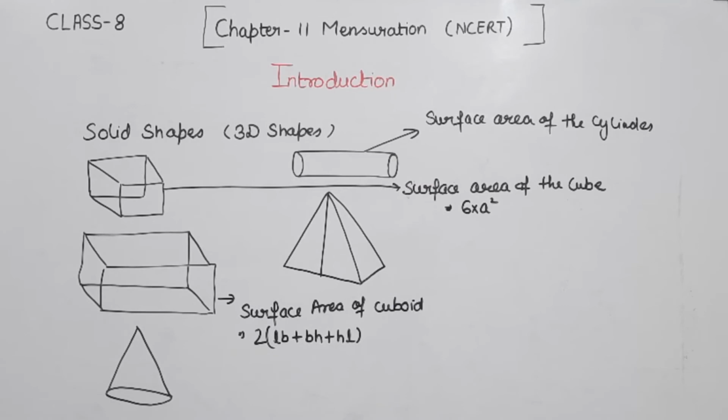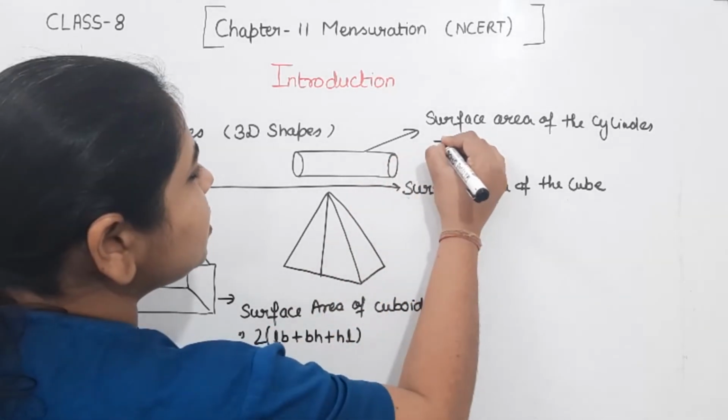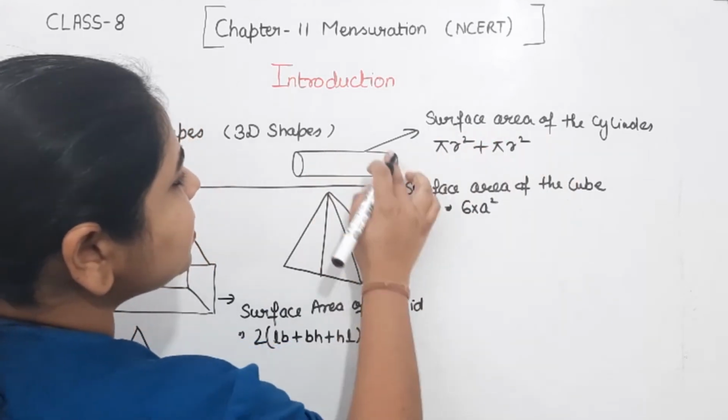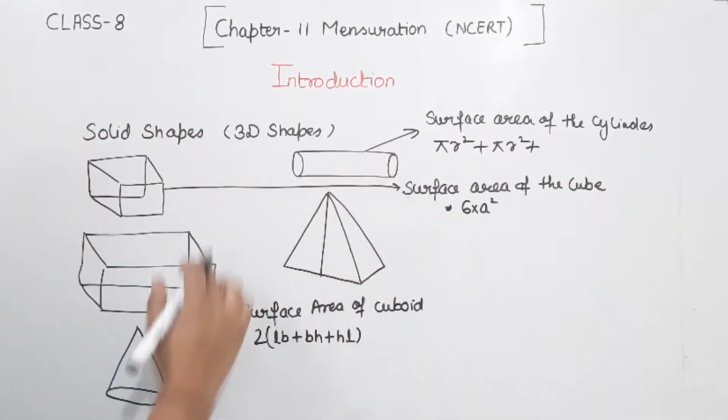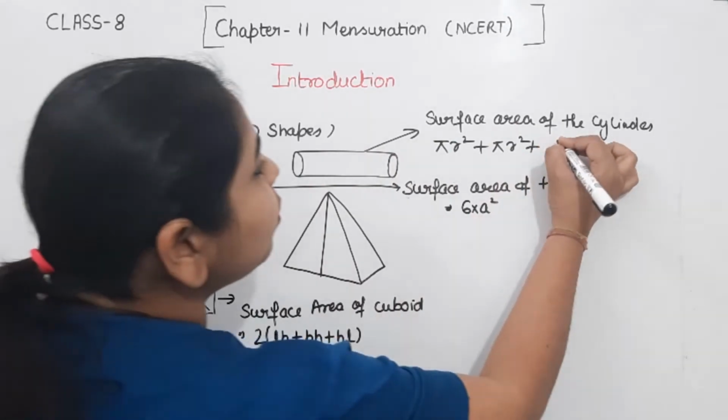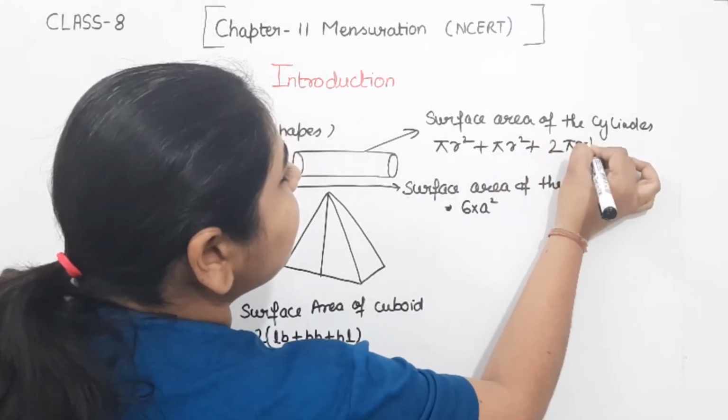So first we write the two circles, that is pi r square plus pi r square, and this one is a rectangle in a circular form. So we can write this one as 2 pi r h.